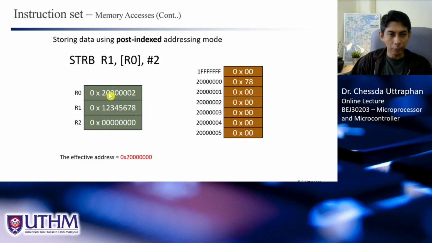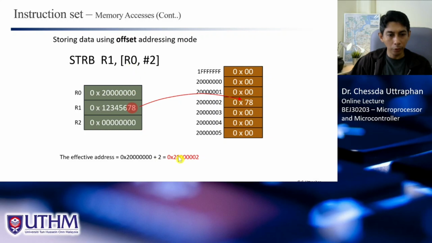Means that the value here in R0 before is this. After we run the instruction, it is this. This value is added with the offset, and we get the new R0. In the previous instruction, for example this one, the value of the address here is not updated.